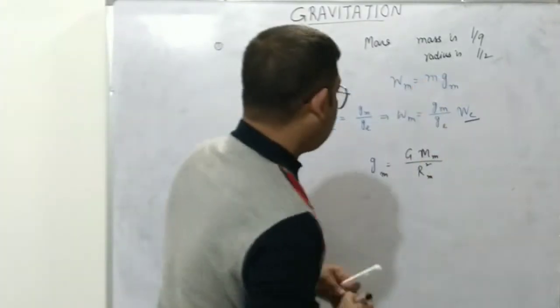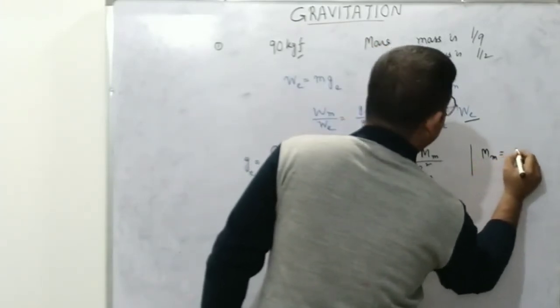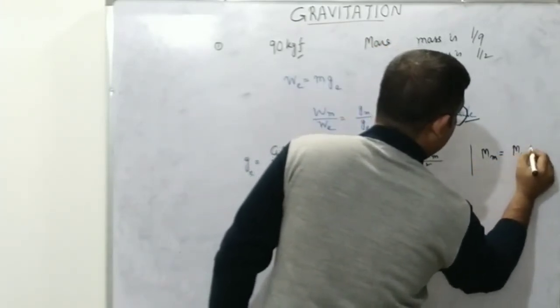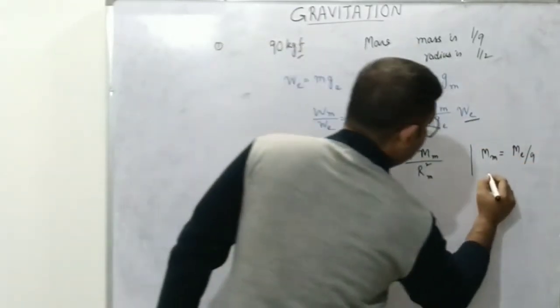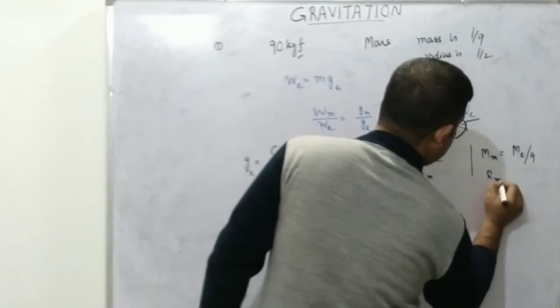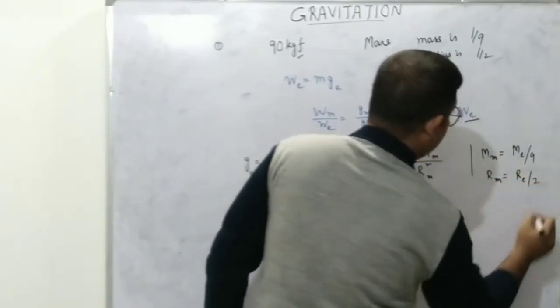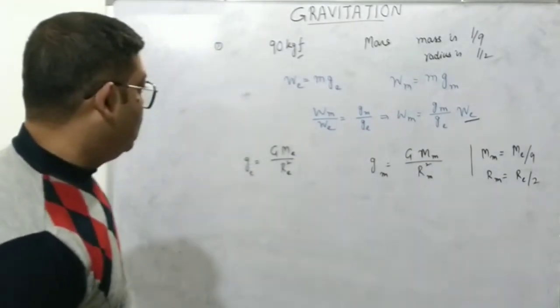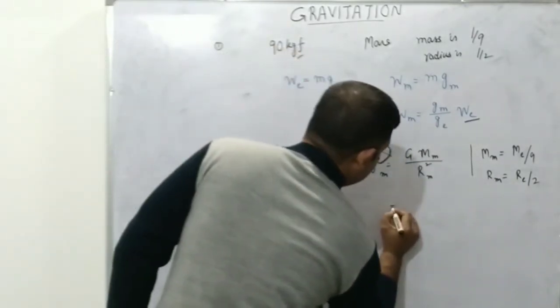Given, what are given? That mass of Mars is mass of Earth divided by 9 times, and radius of Mars is radius of Earth divided by 2 times. So if you substitute these values here, what do we get?